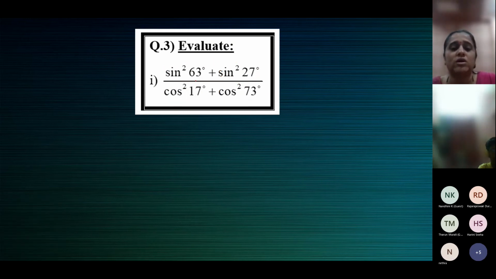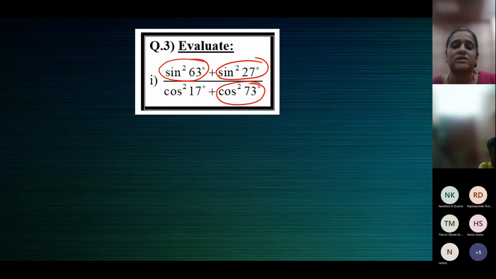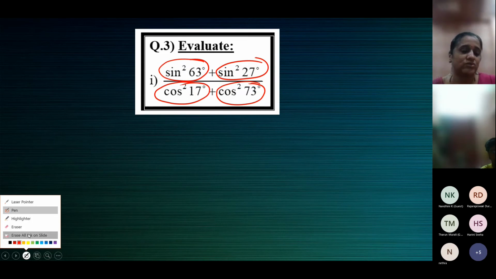Now you want to make the numerator and denominator look like sine square theta plus cos square theta. So if you have this sine square theta as it is, change this one to cos square theta. In the denominator, if you want to have this one as cos square theta as it is, then change this one to sine square theta using complementary ratios.